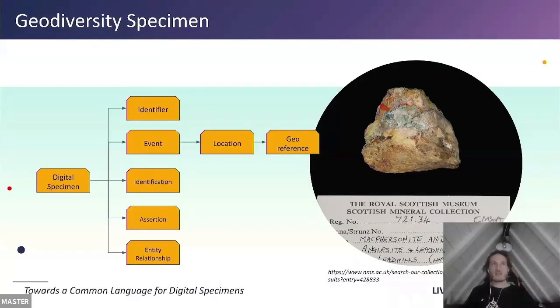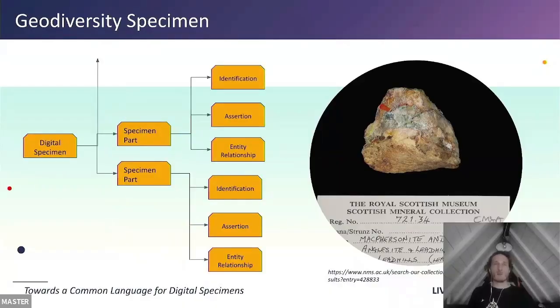But in this case, we'll have something called specimen part, through which you can describe specific parts of the specimen. So these didn't get their own registration number, but they're still distinct parts of that specimen that you would like to describe and give an identification, in this case, a holotype identification for both of these specimen parts.